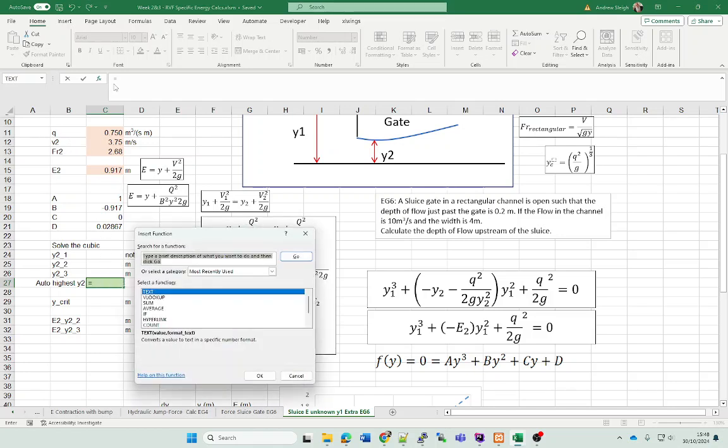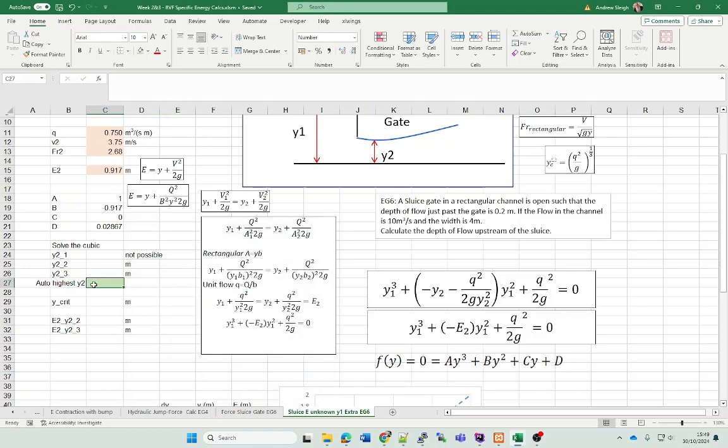We've included it with the cubic solver function, and it's one of my user defined. So let me go through that again.